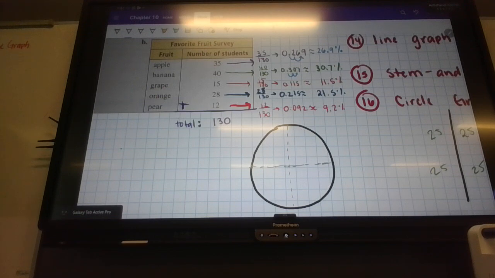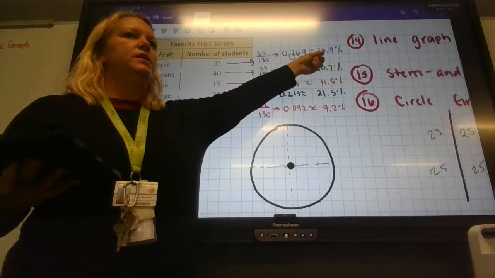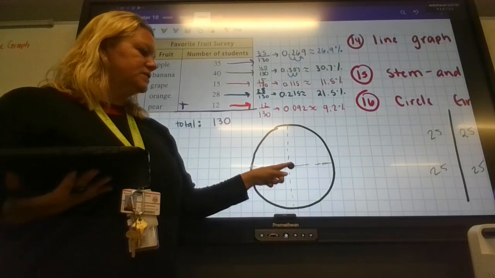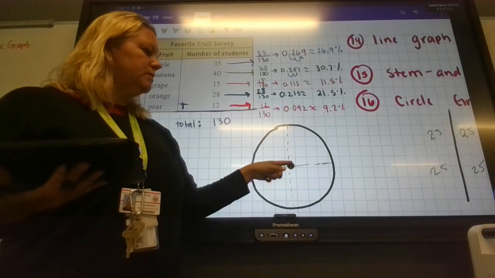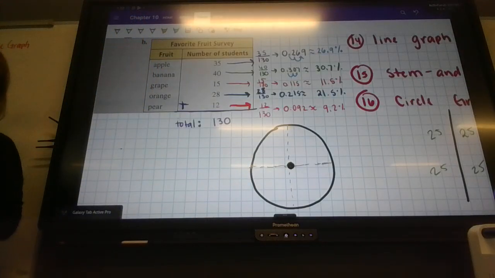Maybe I'll put a dot in the center. It's not perfect, but okay. So like I said, 26 is probably the most helpful, because a quarter of a circle is 25. So I can go a little bit beyond what I estimated a quarter, and that can be 26%.